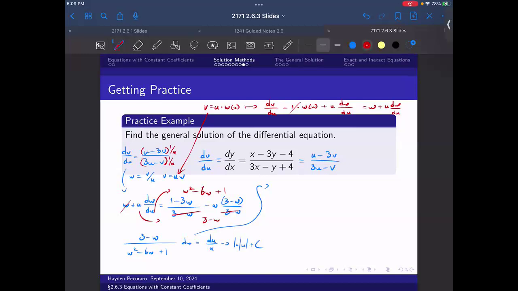What we can do is take this polynomial in the denominator, w squared minus 6w plus 1, and write it as a perfect square. And that now factors as (w minus 3) squared minus 8. Okay, so that's completing the square.